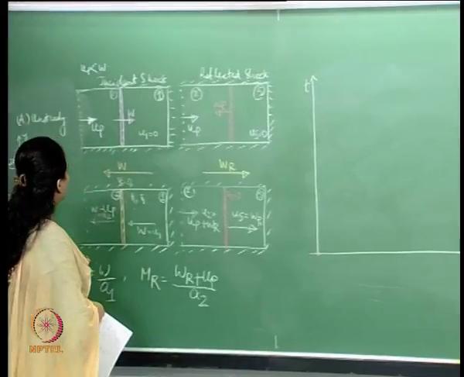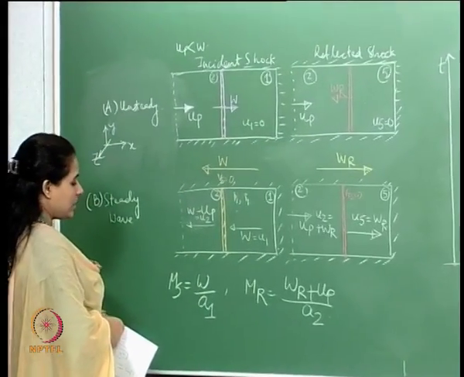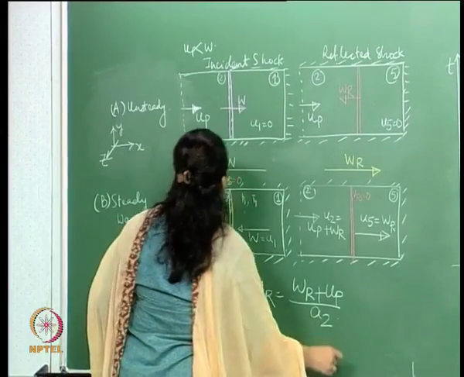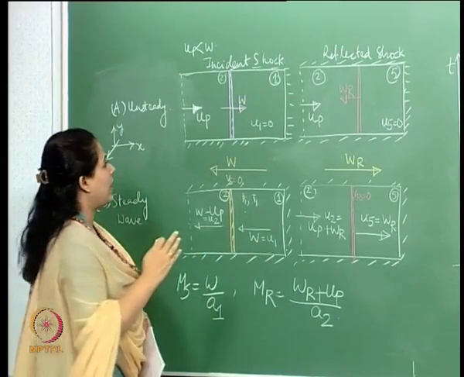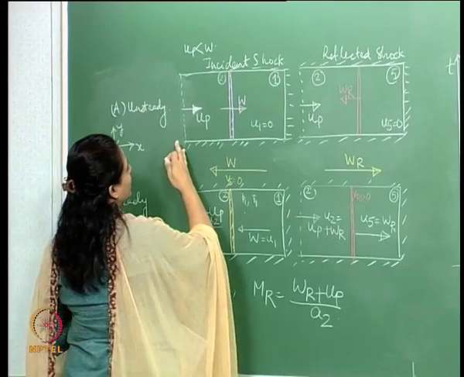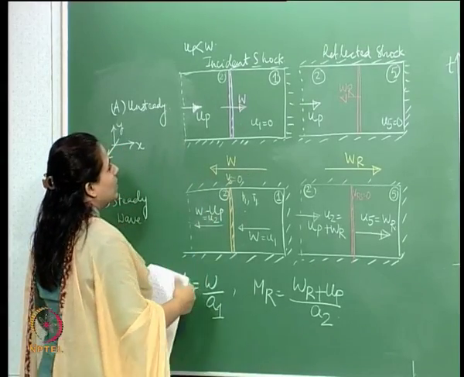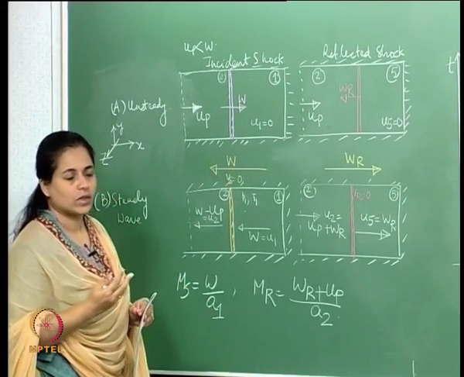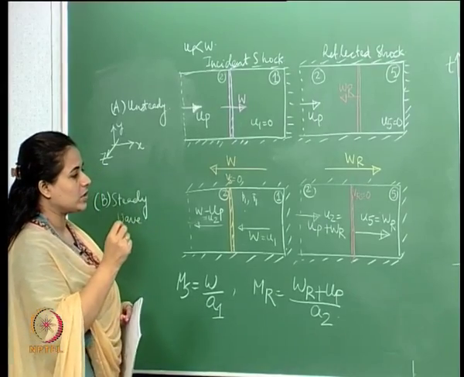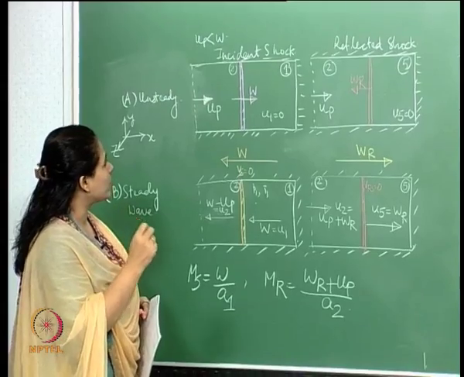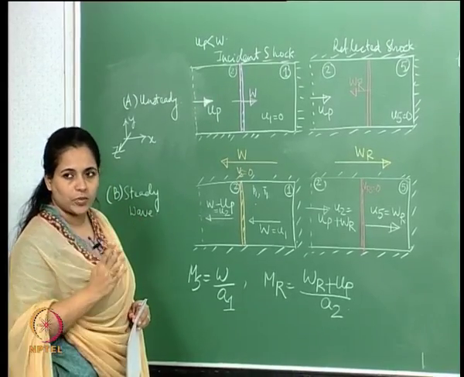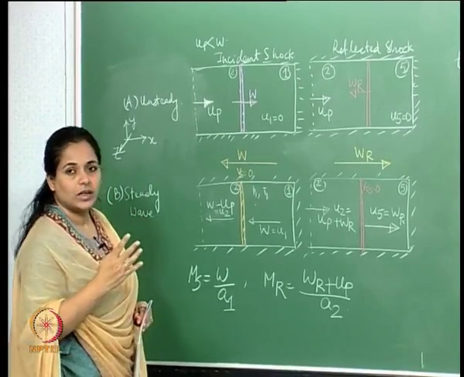Now at t is equal to T1, say the diaphragm is broken and we have a shock wave which starts at some instant of time. Just about at t is equal to 0, say, a little bit away from that, the diaphragm is broken and we have a shock wave traveling.